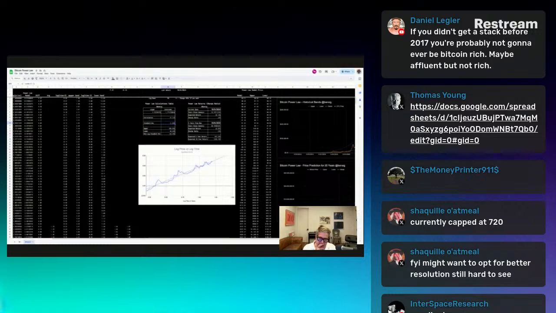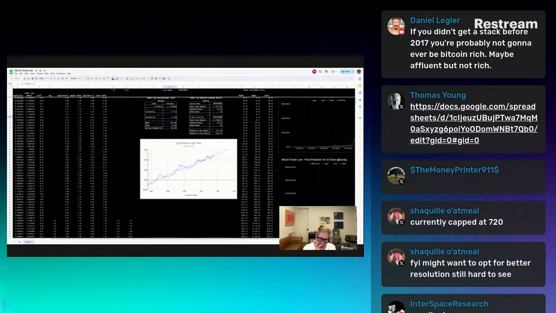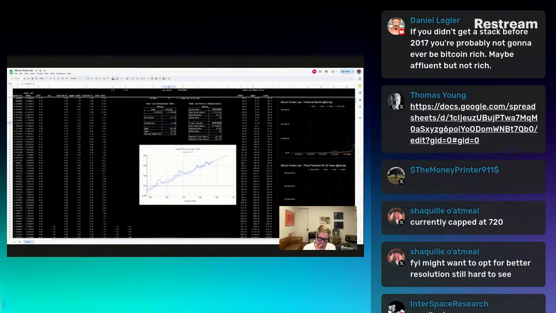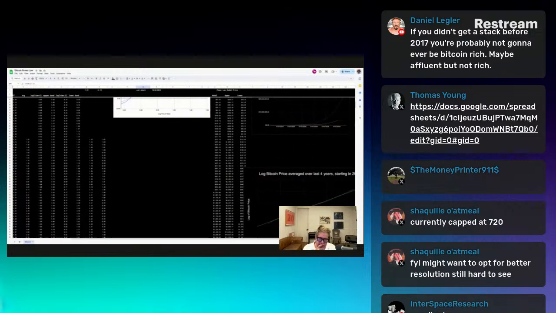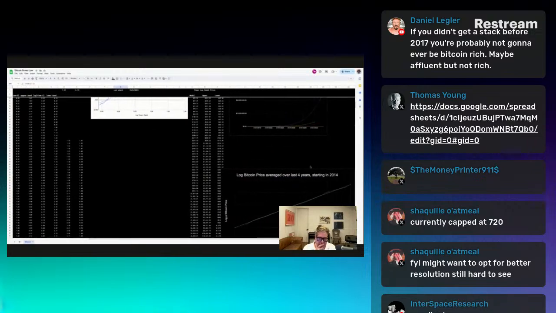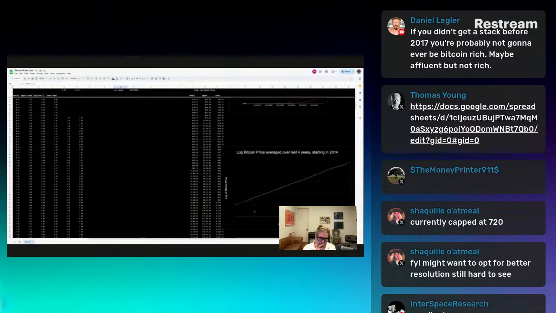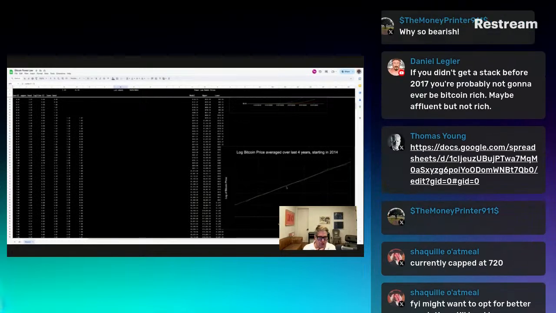The second thing I want to say is this thing is inevitable, and this is my favorite graph here, which is if you just look at the log of price and you average it out over the last 4 years, and you plot it in log time, you get this perfect graph.